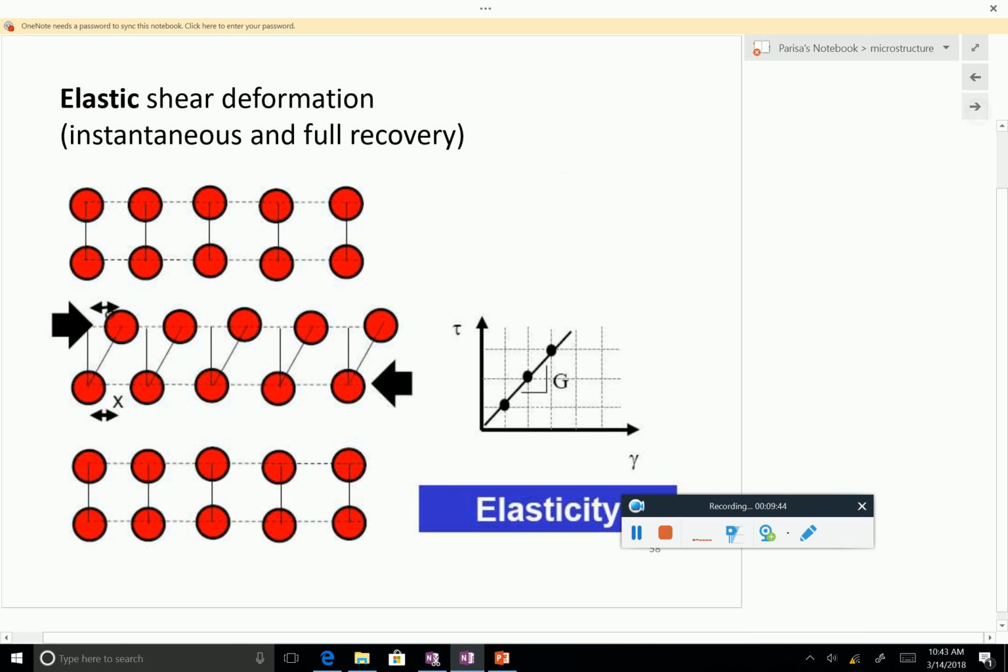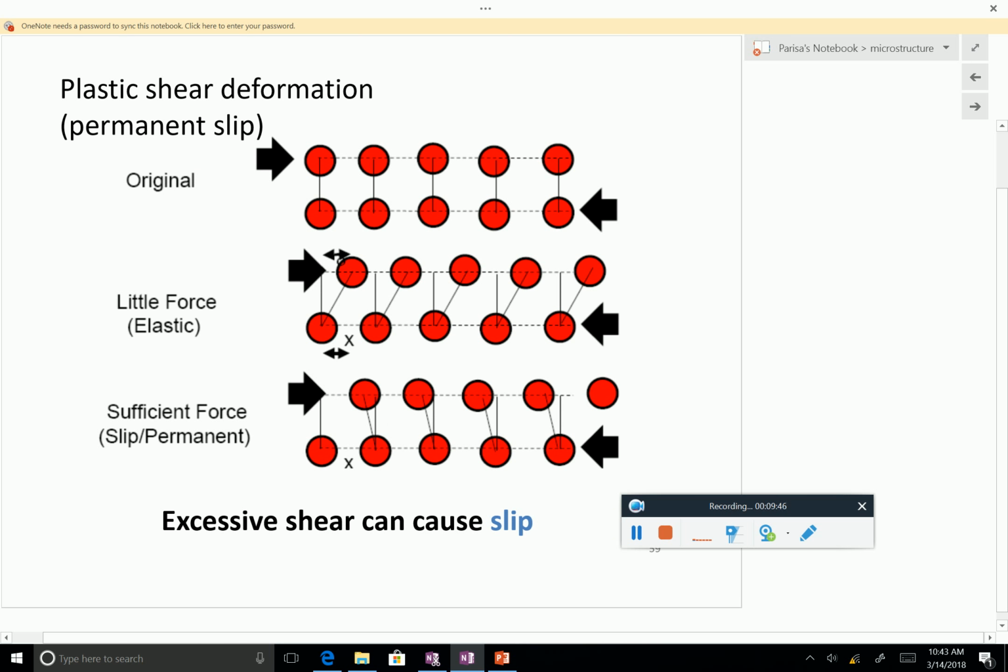But if you apply a lot of force, then it doesn't go back to where it was. So if you compare the first row and the third row, it's not the same anymore. And the reason is basically the movement inside the metals, which causes a slip. And this is really caused by dislocation.